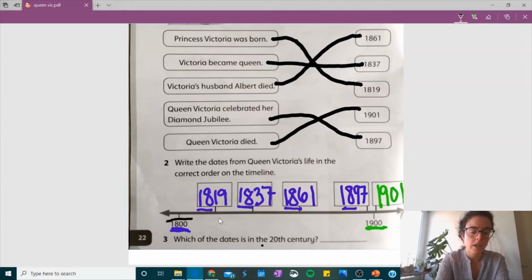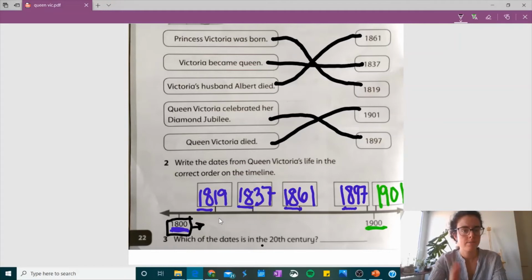So if we are talking about the 1800s, what century is that? Is it the 18th century? No, remember, the century is always the year plus 1. So 18 plus 1 is 19th century.